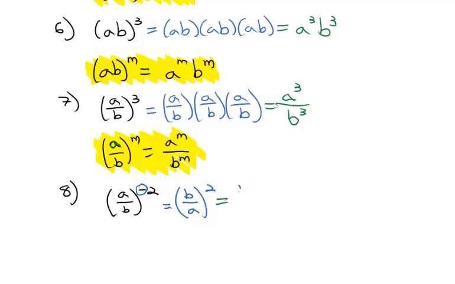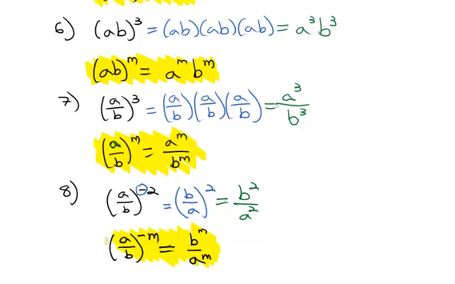And then we know the squared means we take the squared on top and the squared on the bottom. This gives rise to the exponential property that a over b to some negative exponent is going to flip the fraction over, making it b over a, and then we take the exponent of m as a positive exponent now on both of them. This becomes our 8th property.